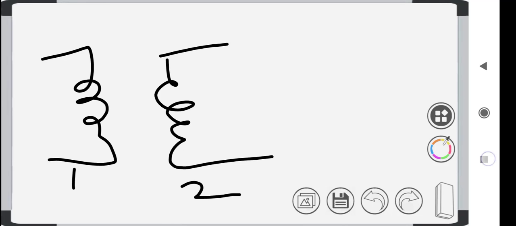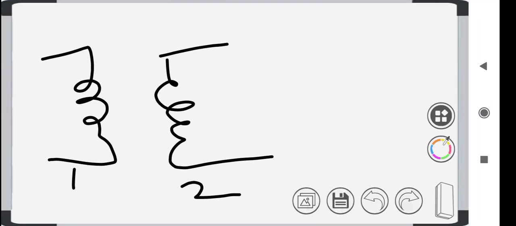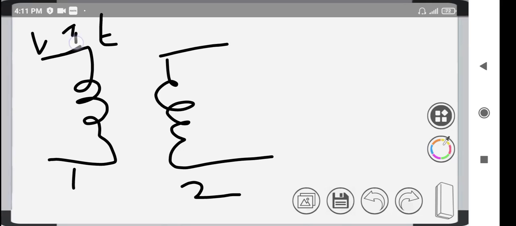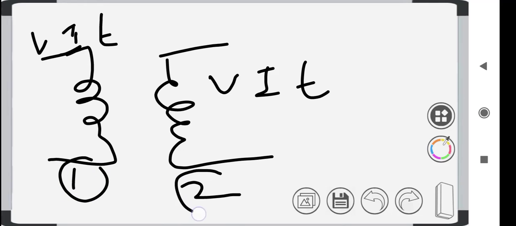So what the transformer is doing is transferring the electrical energy, VIT, from circuit number 1 to circuit number 2. It transfers the voltage, current and time from this circuit to that circuit.